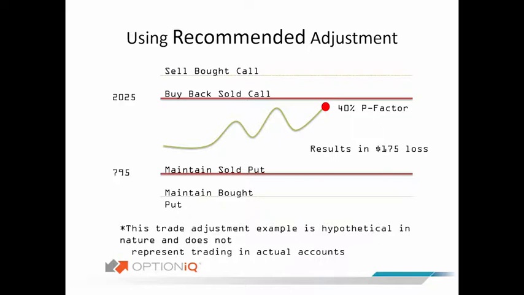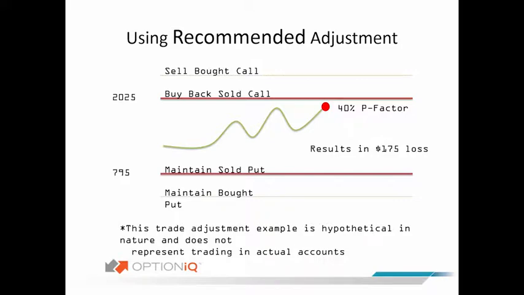The reason that that is the case is because when we get out of our puts, they actually cost money to get out of, simply because we're closing them out before we've made all the potential profit that we can make on those options. So because those options are not near the market, they're fine, they're getting profitable, but if we choose to close them out early with the rest of the trade, we're going to give up some potential profits that we could have made if we held those puts all the way to the end.